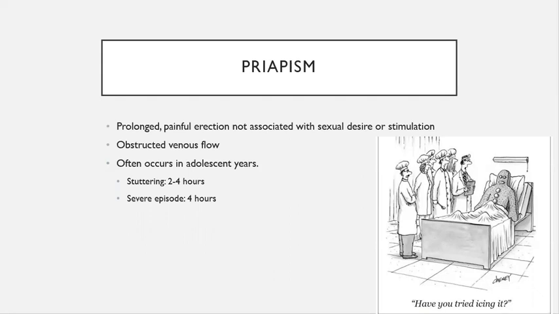So these last for about 2 hours but resolve by hour number 4, and these usually may precede a severe episode. These tend to get better by themselves until they don't anymore. You have your severe episode that lasts 4 hours, and these, if untreated, can result in long-term adverse effects such as impotence.